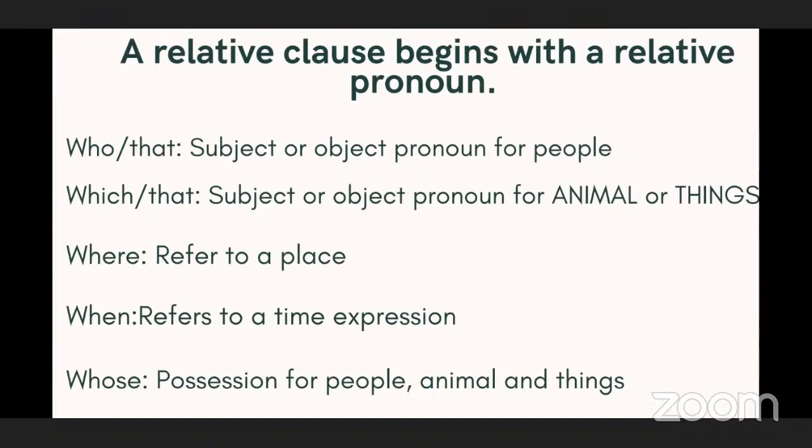Who is used as subject or object, the pronoun for people. Which is used as subject, the pronoun for animals or things. Where refers to place, when refers to time, how refers to the way, and whose refers to people, animals, and things.